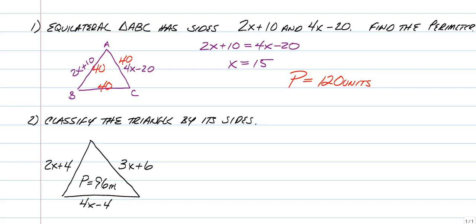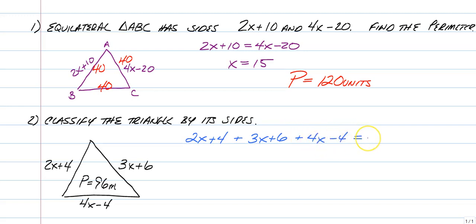Okay? So that's how we do number one. Number two, we have to classify the triangle by the sides. We were not told if it's isosceles, equilateral, or scalene. But we were given all three sides, and we were given the perimeter. So for this, we add all three sides: 2x plus 4, plus 3x plus 6, plus 4x minus 4.